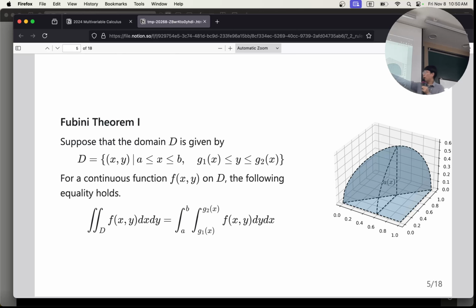But the range of y is bounded by these two functions, g1 and g2, so you put those in here. It's okay that they are not constants, because we're assuming that x is considered constant, so you're taking the integral of a single variable function. And then once you get the formula for A(x), you take the integral again to get the volume.